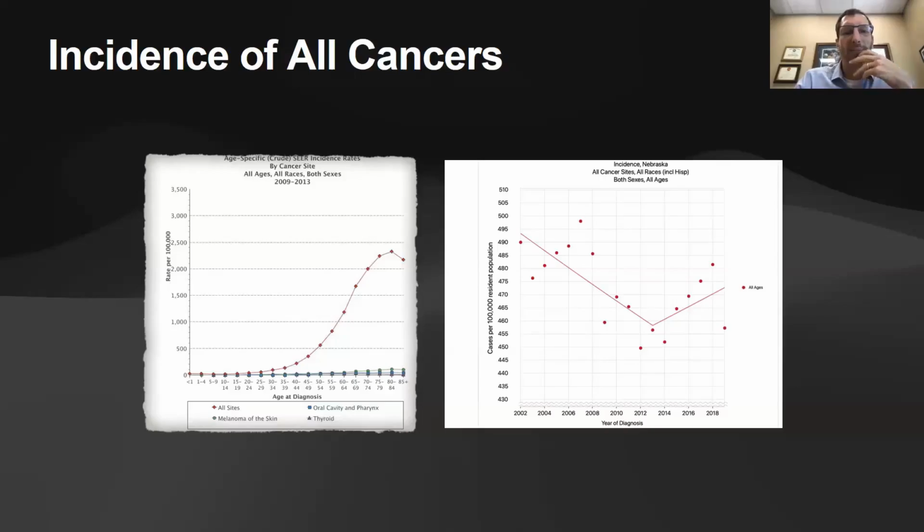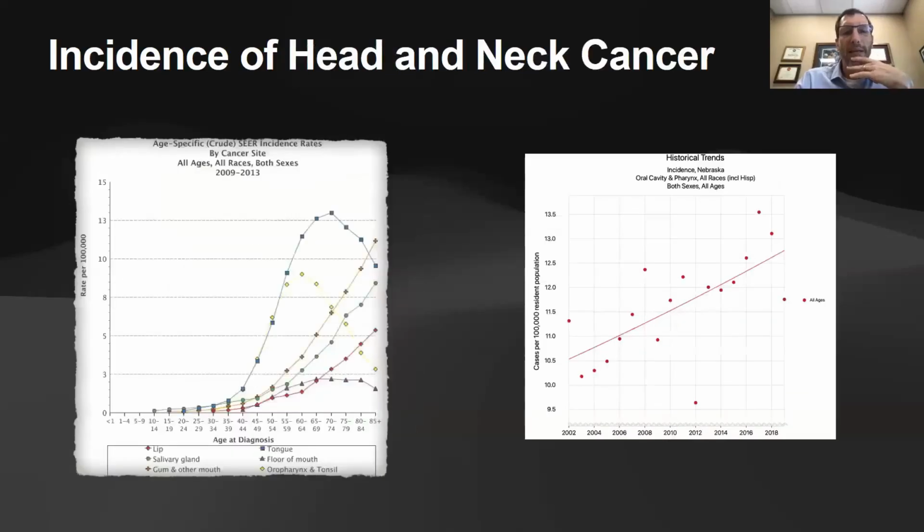Next slide, please. This shows the same thing. This is data from the SEER database. Starting with the curve on the right, that shows that in the oral cavity and the pharynx, these cancers are back on the rise, mostly because of the HPV-mediated virus that's causing these cancers to rise.